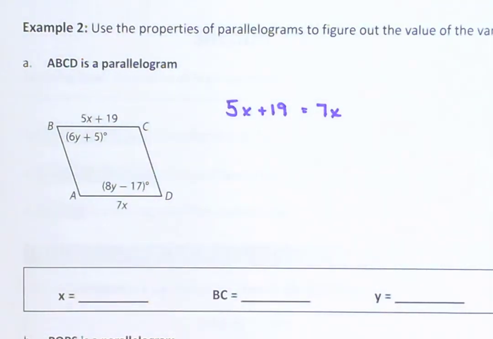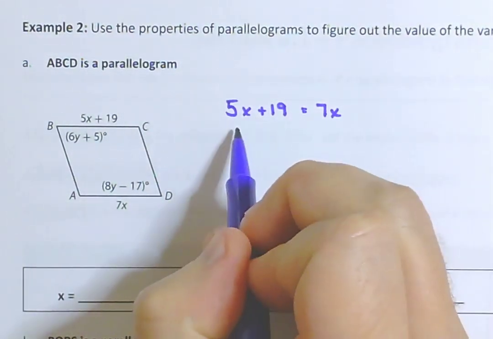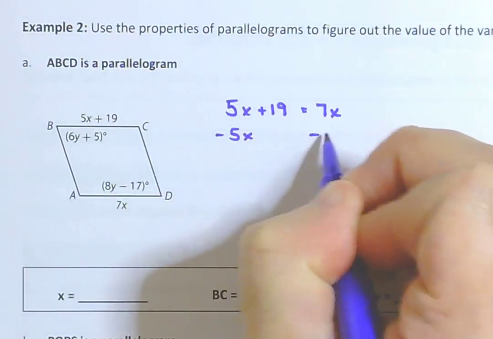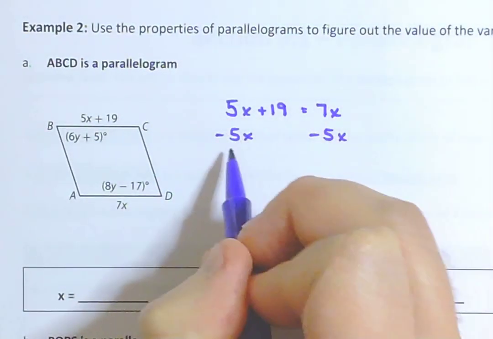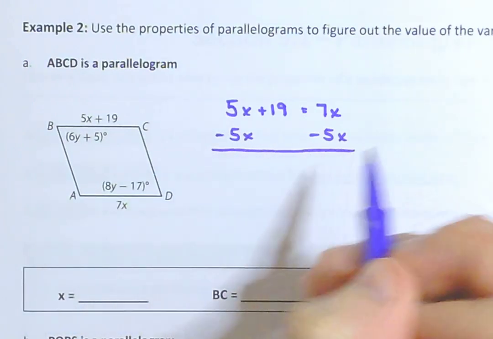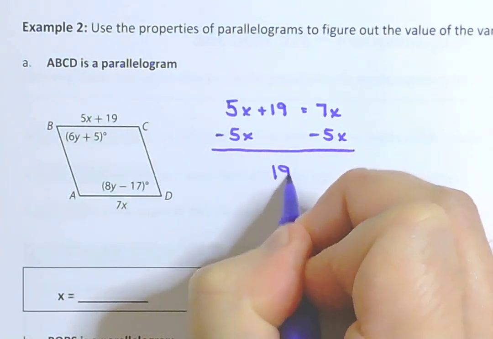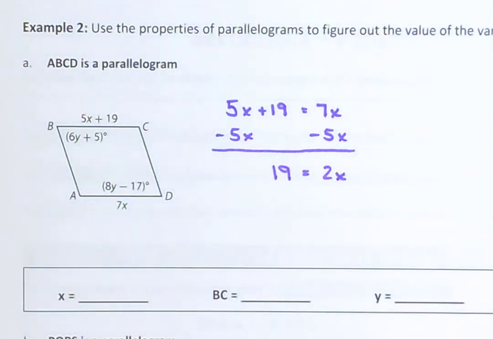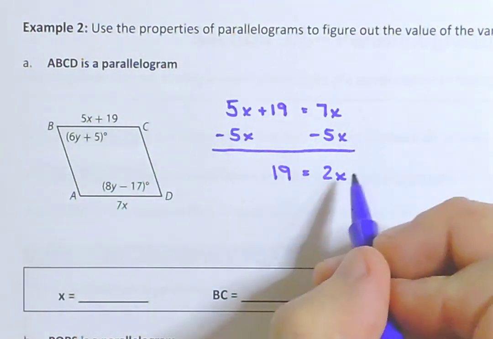So the key is the setup. Once you have it set up, it's just about using your algebra skills to go through and solve from that point. So I'm going to subtract the 5x to the right. And then I get 19 equals 2x. And from here, I'm going to go through to solve for x.